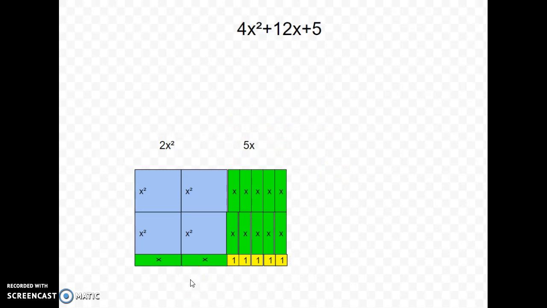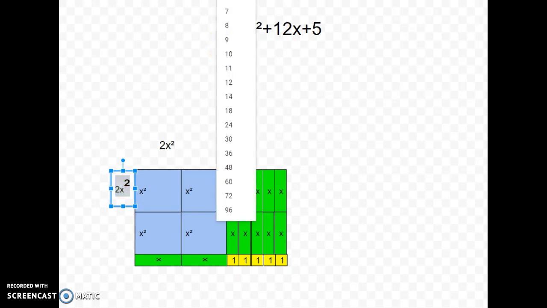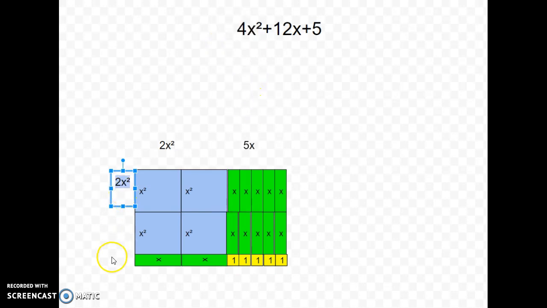So we did it on the top, now we're going to do it on the left side. Sorry, doing this the wrong way. So we have 2x squared again. And down here, we have 1x.